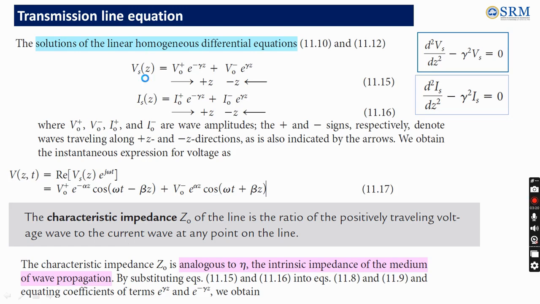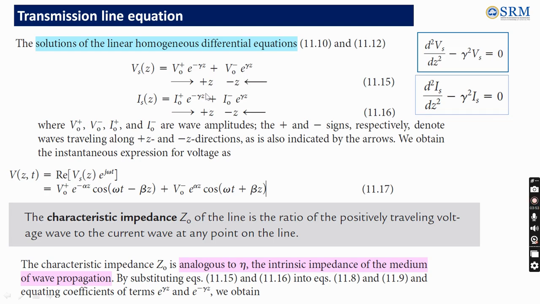The solution to the above wave equation, d square Vs by dz square minus gamma square Vs is equal to 0, is Vs of z equal to the sum of the forward traveling voltage and the reverse traveling voltage. V naught plus e power minus gamma z is the voltage traveling along the positive z direction, plus V naught minus e power gamma z is the amplitude of the voltage wave traveling in the negative z direction.